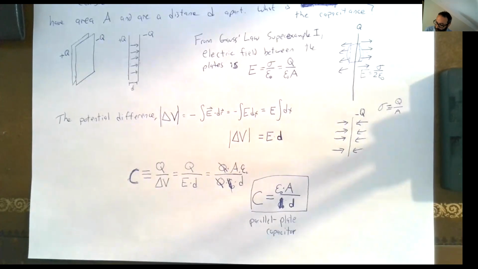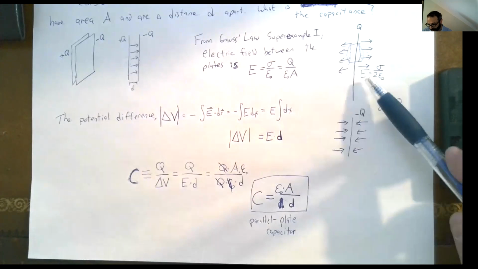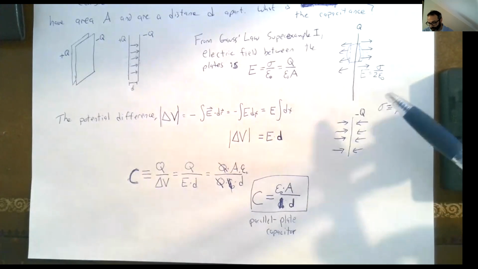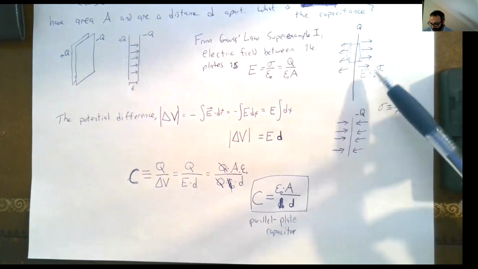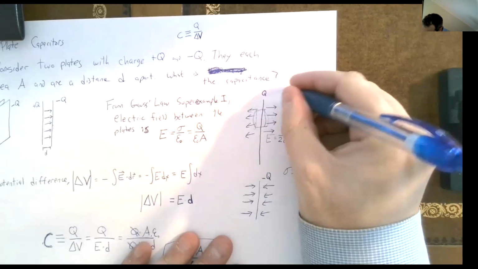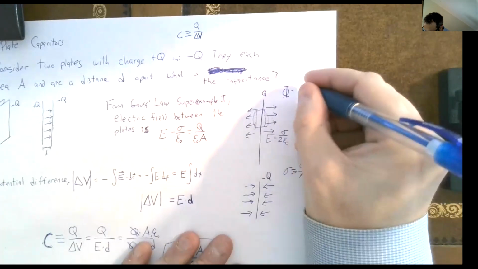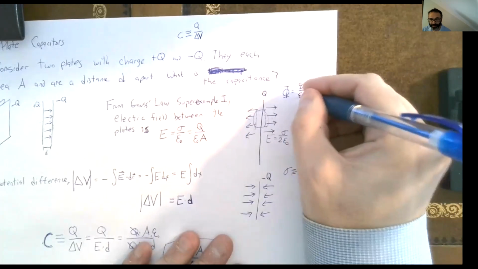Okay, well, remember, you might be getting confused between flux and the electric field. We use the idea of flux here. Gauss's law says that the flux is equal to the enclosed charge divided by epsilon naught.